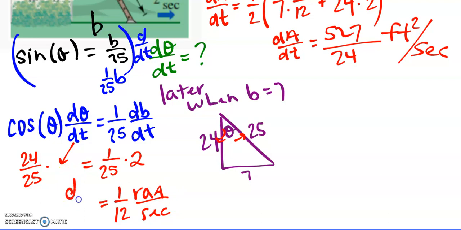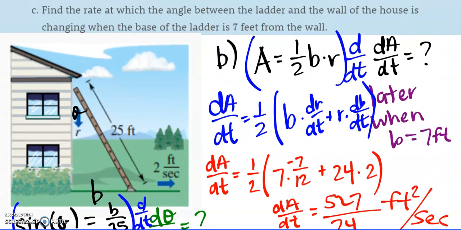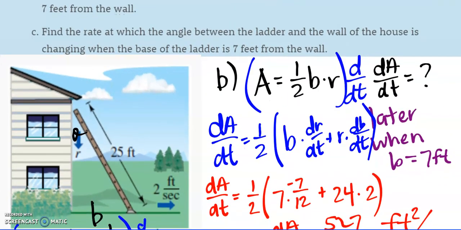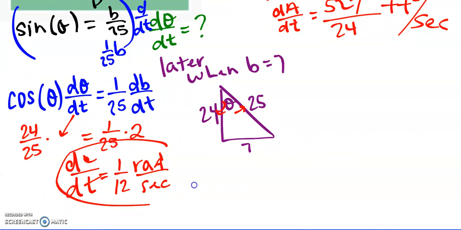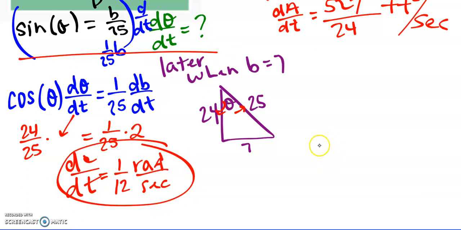And I realized here, d theta/dt, theta is measured in radians. I realized in my answer key from my work, I think I might have answered the wrong problem when I first made my key. Find the rate at which the angle between the ladder and the wall is changing. So this is what we want, this setup. If that's what confused you, I should have been using sine. However, if you think about how angles relate to each other, that angle is getting bigger, right?